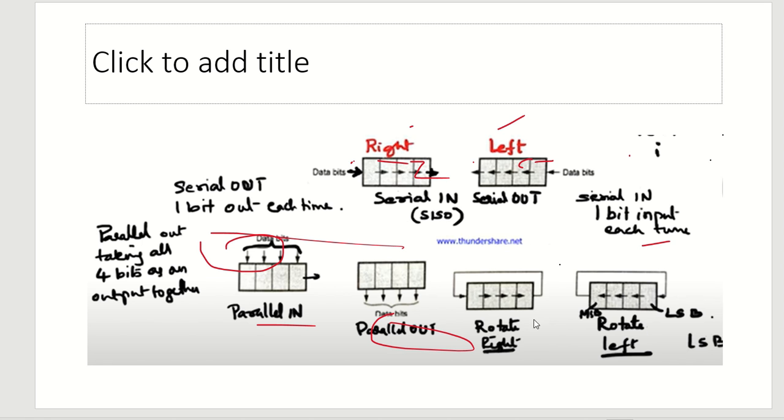Rotate right means the LSB comes back to the MSB. LSB is the least significant bit and MSB is the most significant bit. The use of rotate right is that it keeps on rotating the same data. In rotate left, the MSB goes back to the LSB.